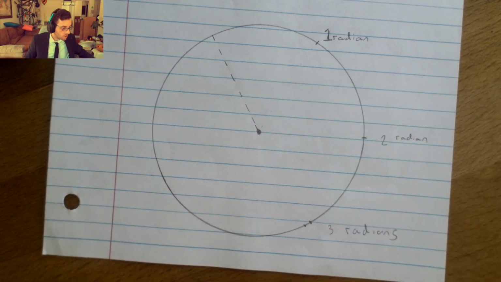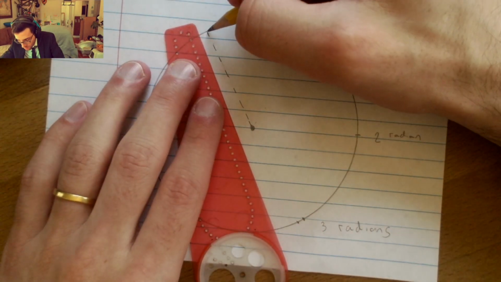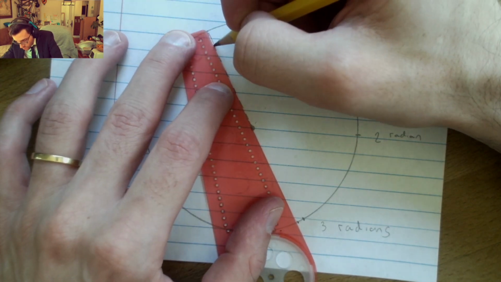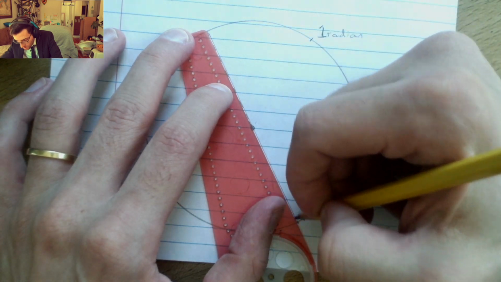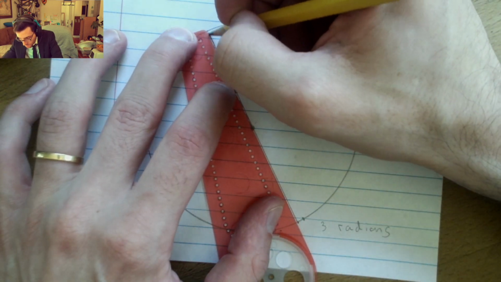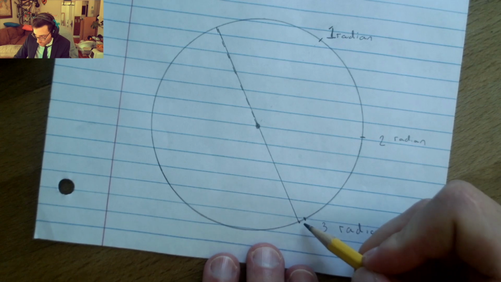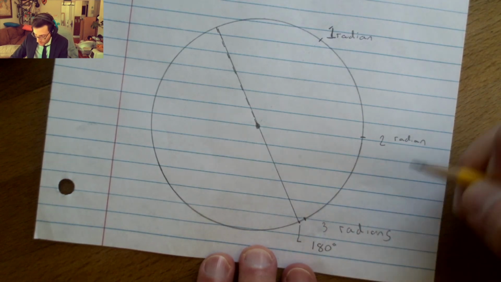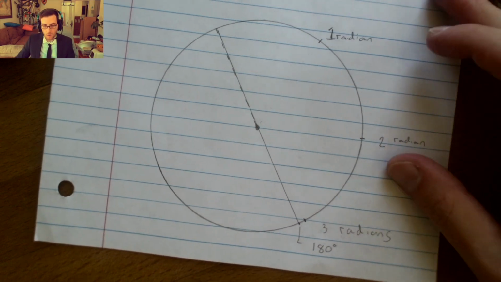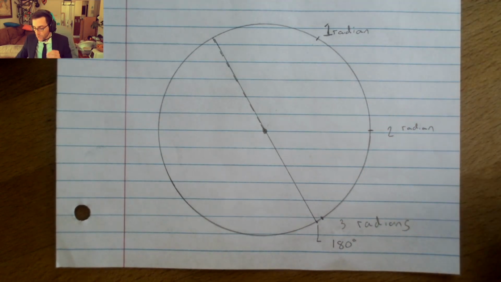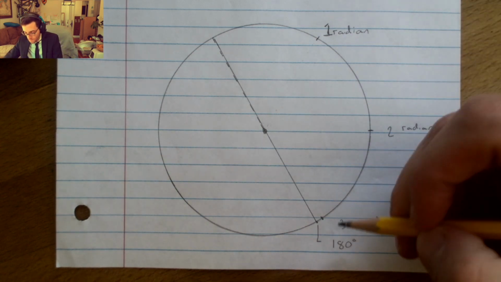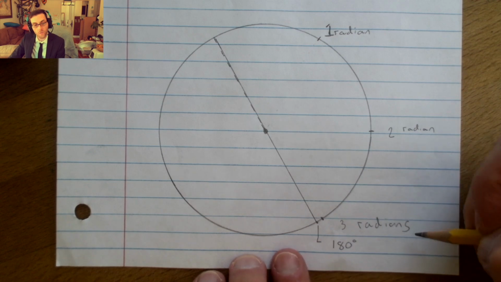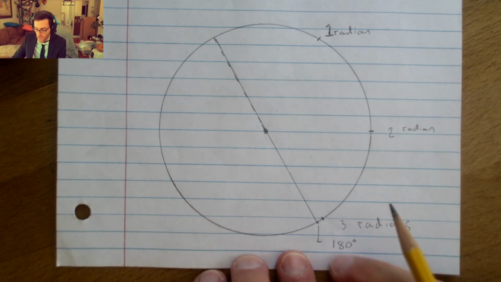And if we go ahead and draw a line coming out, which would represent our diameter, or what you would call 180 degrees, we're just off the 180 degree mark. What's really cool about radians is that when we go about measuring them, 3 radians doesn't give us a diameter, but pi, or 3.14 radians, gives us that value.